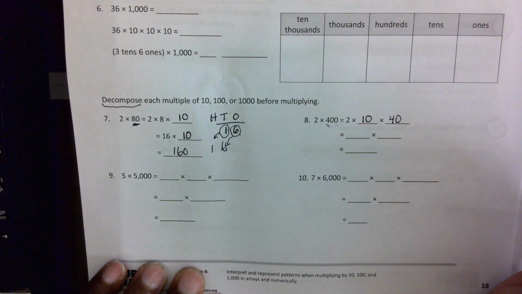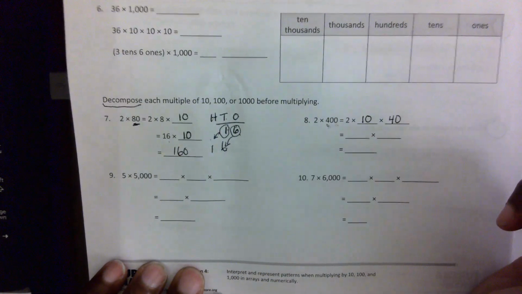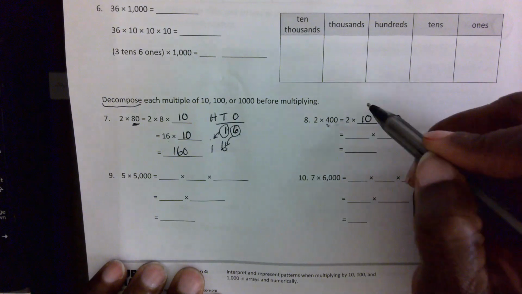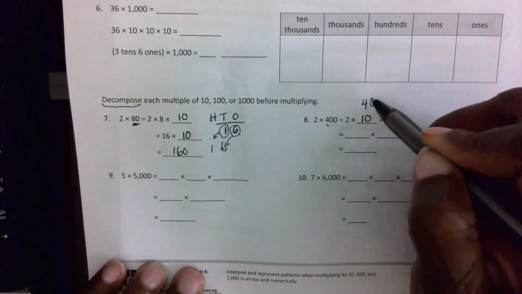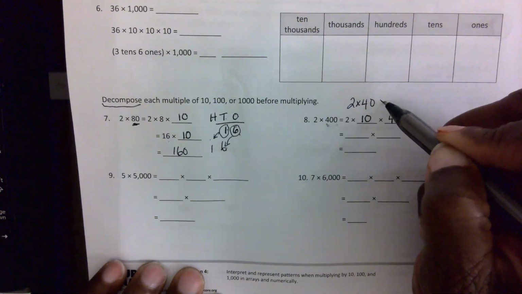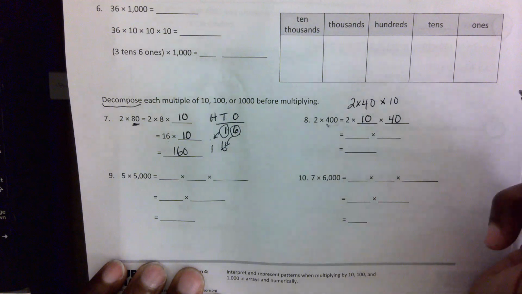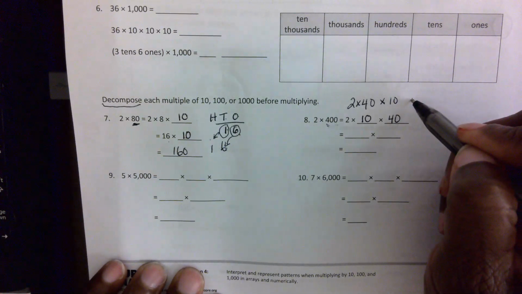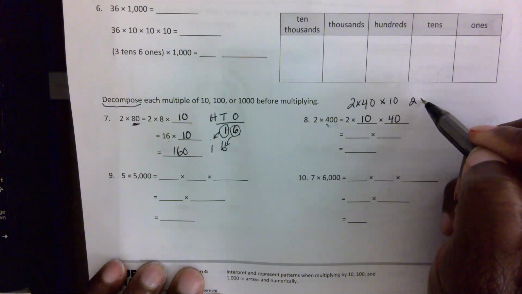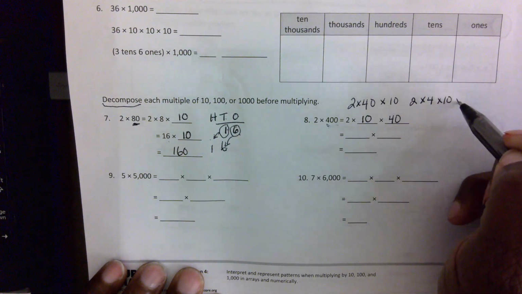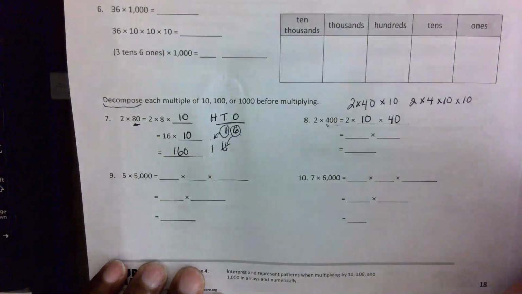And if you wanted to decompose that any more, you could even switch them up. With the 40 over here, you could do 2 times 40 times 10. You could do 2 times 4 times 10 times 10.